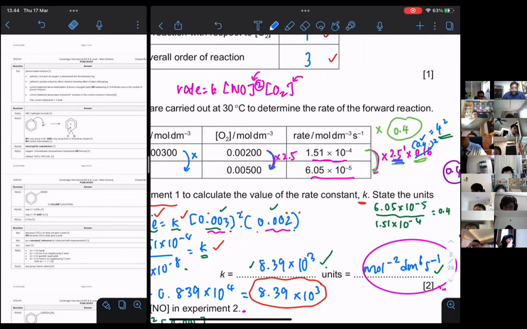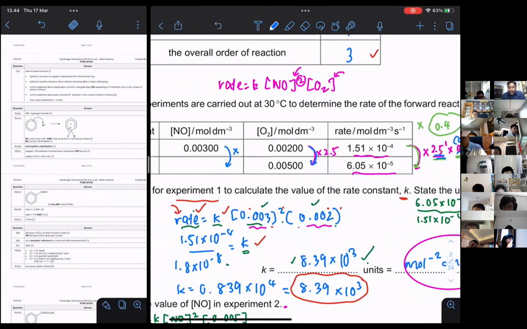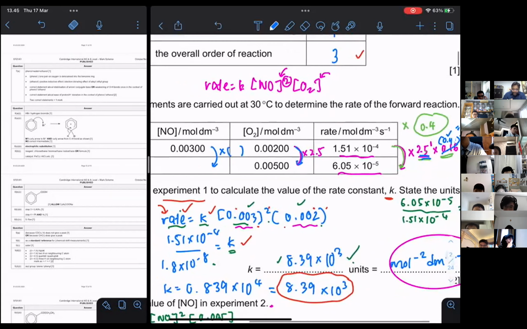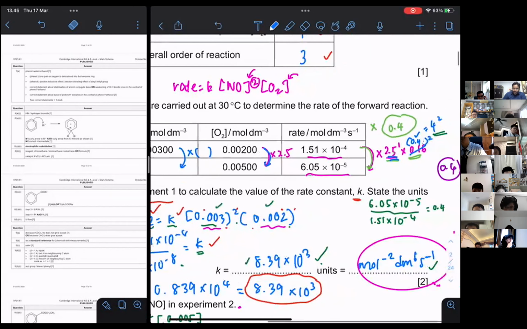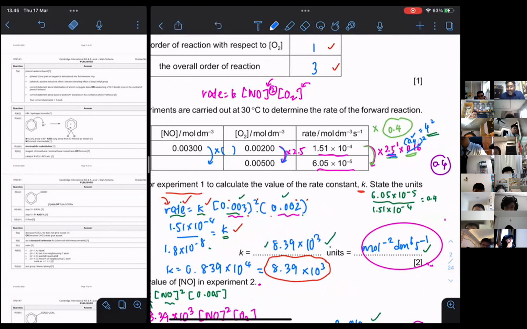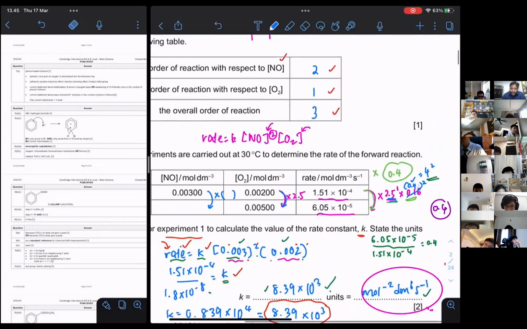Now, we know that this is a second order reaction. So what is the value that must come over here to show that something is second order? Let's say, how do I know something is a second order reaction or not?